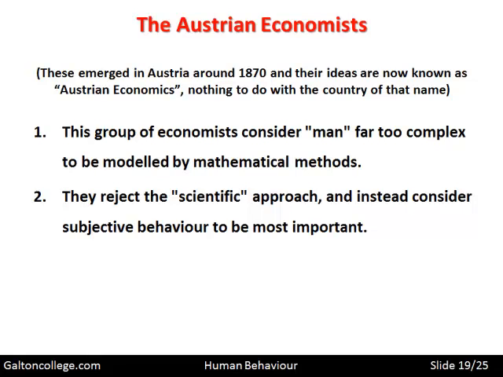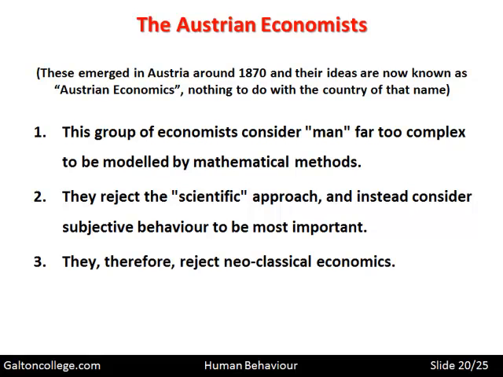So entrepreneurship, for example, can't be predicted. Yet we need entrepreneurship. We need it to get new businesses and new products, to get innovations. But we can't say that entrepreneurship is a function of X, Y, and Z and write it as an equation. So the Austrian economists reject quantification in economics.